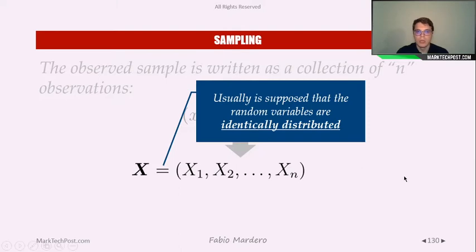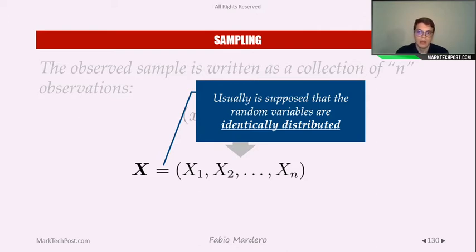And also, usually it's supposed that the random variables are identically distributed. This means that x1, x2, ..., xn will have the same probability distribution function and also the same values for its parameters.